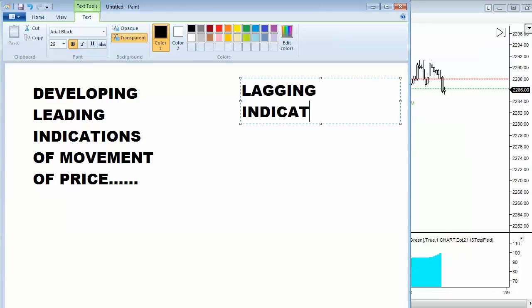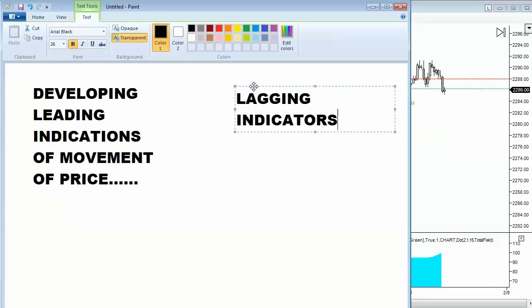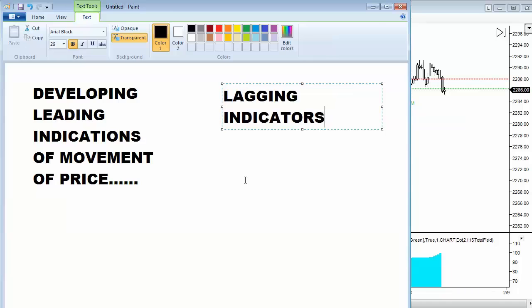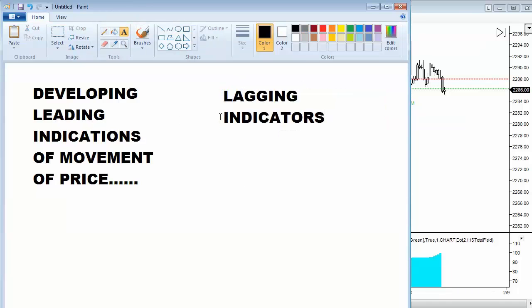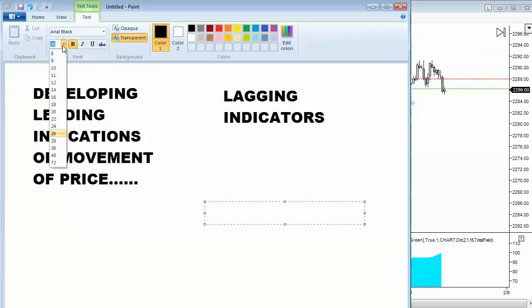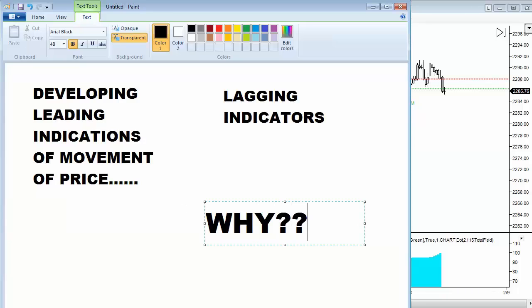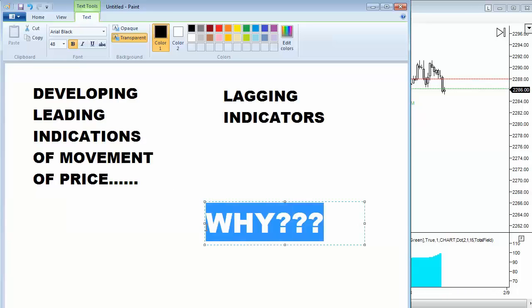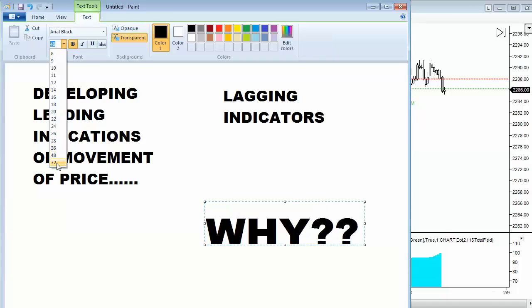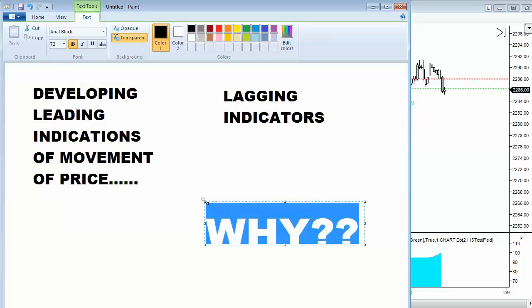Okay, so as opposed to lagging indicators that tell you what just happened, and all of you watching this right now have purchased the software, so you've gotten a really good taste of how that works. But the underlying causality, the why of it all, eludes many of you, and it did for me for a number of years.